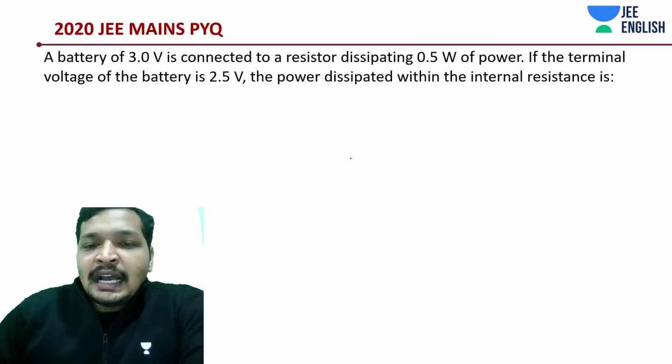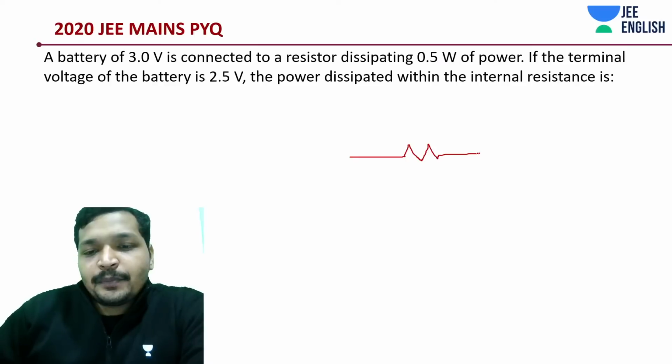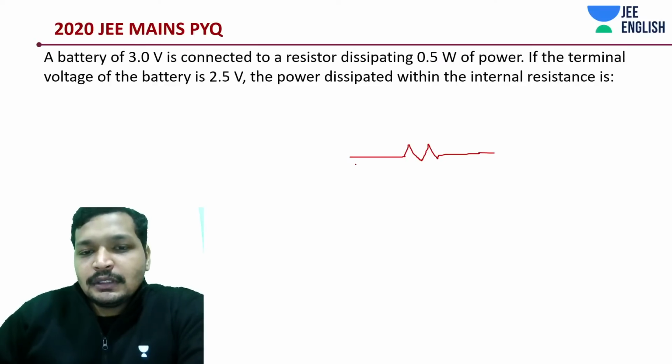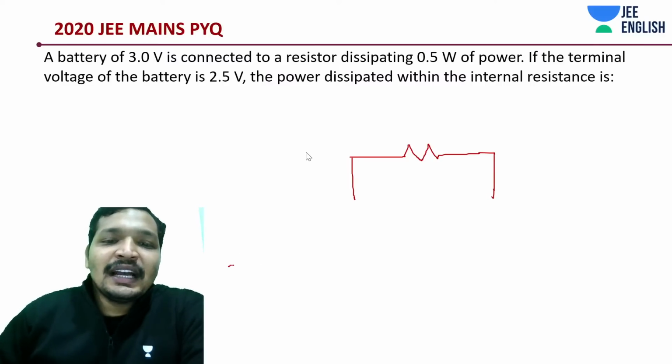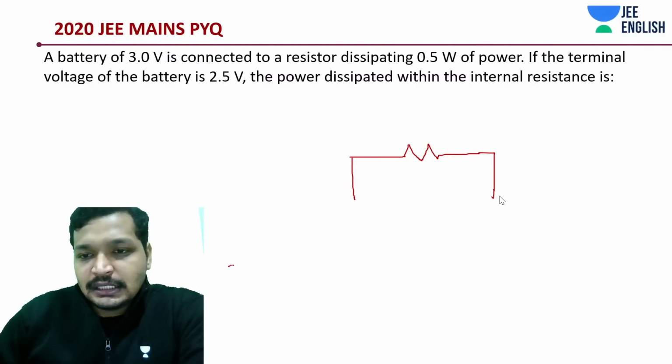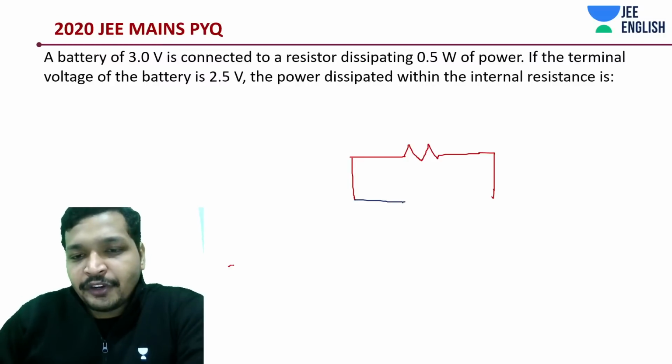So we have a nice resistor connected to a decent battery. Why decent battery? Because this battery is not a very good battery. This battery has some internal resistance. Internal resistance is a battery phenomenon. It has nothing to do with the external resistance.